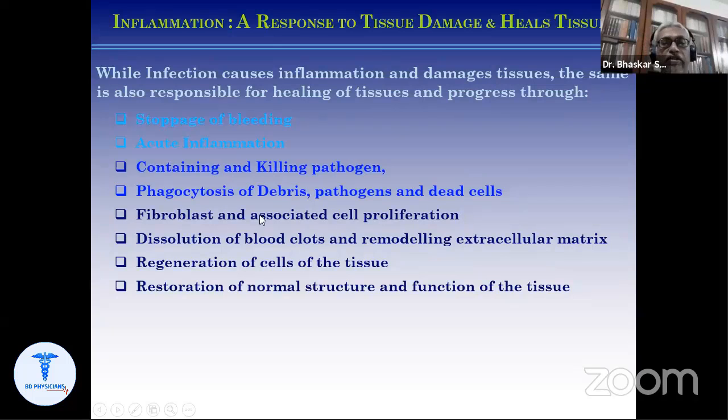It is very important to note that during this inflammation, the first three steps, acute inflammation, pathogen killing, and phagocytosis, are all part of the function of inflammatory cytokines, for example IL-1, IL-6, TNF-alpha, and interferon gamma. But if they continue for a longer period, which is chronic inflammation, then we get something called a delayed type hypersensitivity reaction, which is not good for the host.